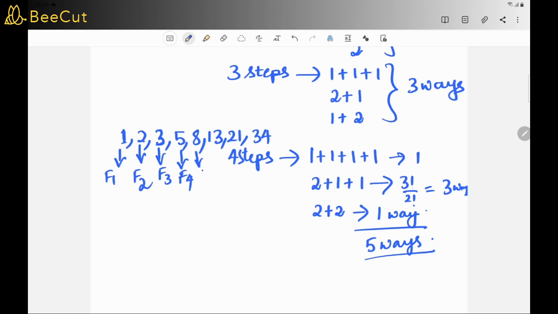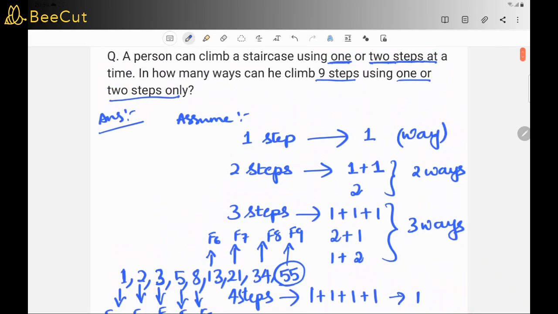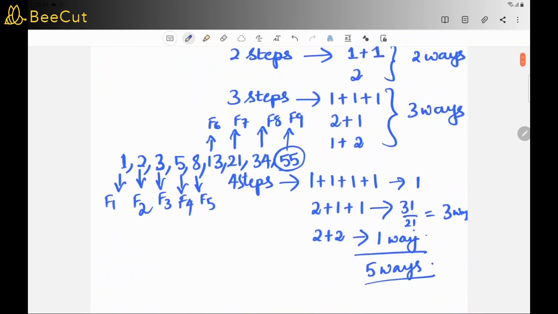This is the fifth term, this is the sixth term, this is the seventh term, this is the eighth term, and had there been 9 steps, it would have been 55. This is the answer. So this is the way we have applied the Fibonacci series to solve this question. Now let us look at another question.